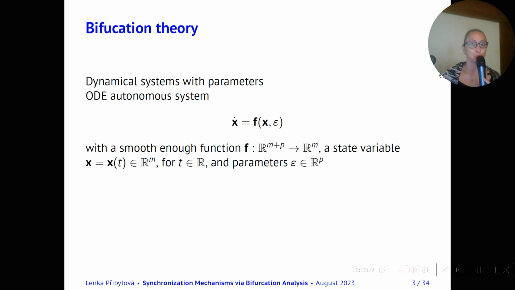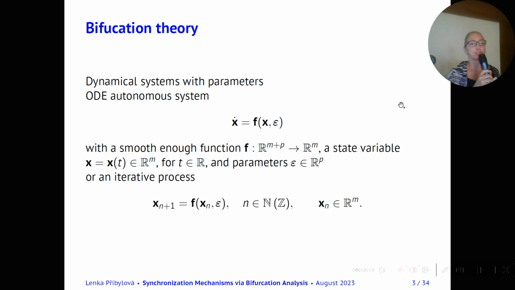So that's why we use this. And of course, it sometimes touches, for example, when you have a continuous system and you make some concurrent section. So at the moment, you come to iterative processes and other types of bifurcations of maps. So we sometimes use this.